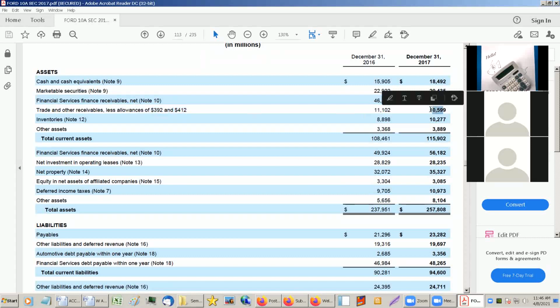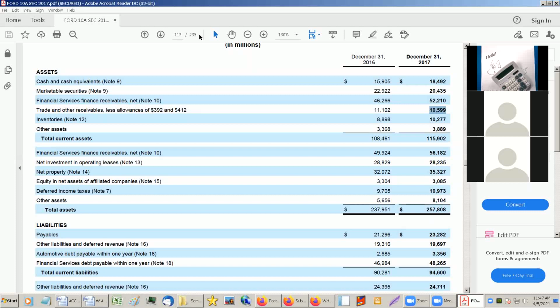And for 2017, it's 412 million of the 10 billion that they're owed, 10.5 billion. But it's exactly the same as what we just did. It's kind of funny.